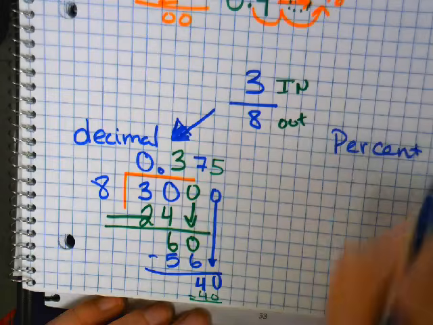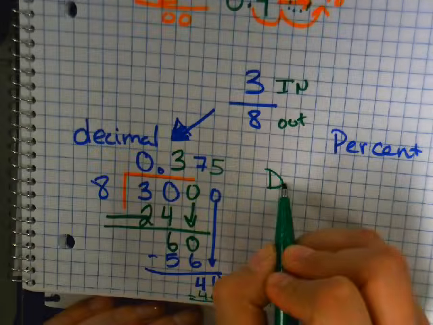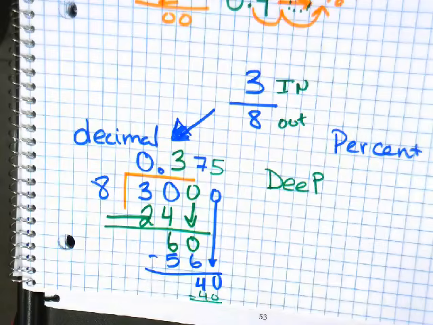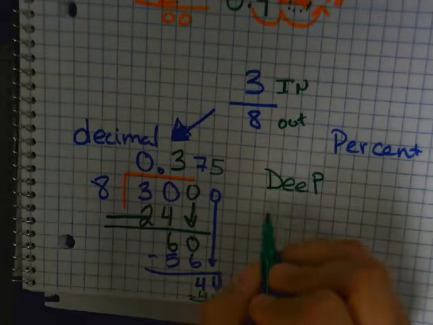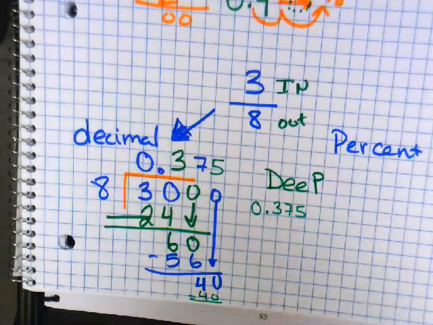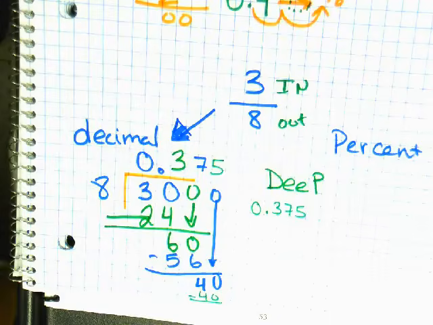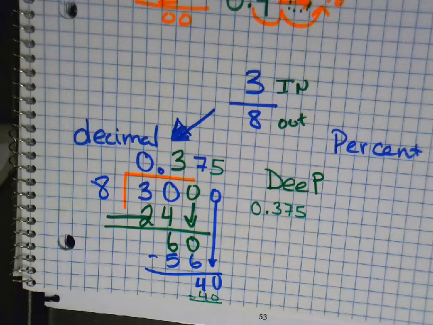Now what's our percent? Think of the word deep. So I start here, 0.375. How many times do I move it? 2, to the right.